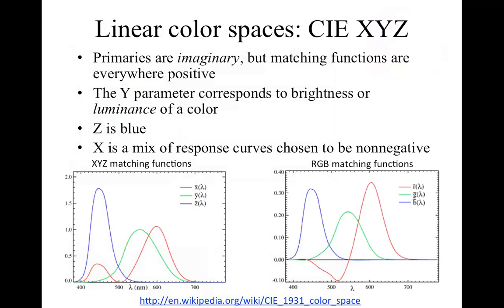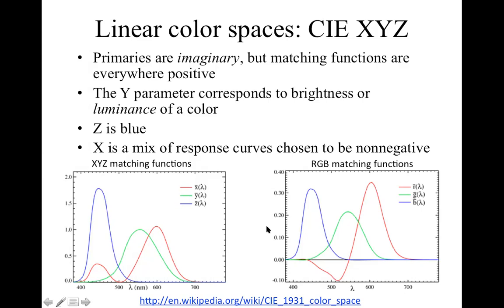Now, we had the problem that for the RGB space, there are some colors that, in order to match, you have to set negative weights for the red channel. Based on this, we came up with another linear color space, the XYZ color space.